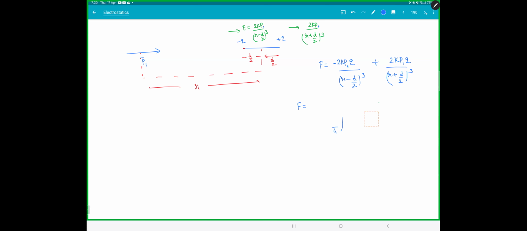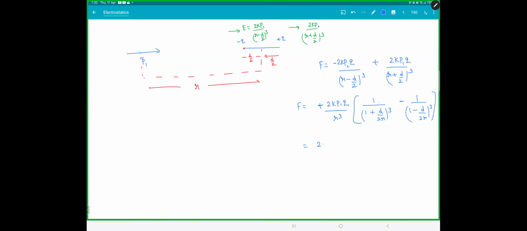Actually, you can use binomial approximation. Take out minus 2 kp1q by r cube common. Then do binomial approximation. So this will be 1 by 1 plus d by 2r whole cube minus 1 by 1 minus d by 2r whole cube.